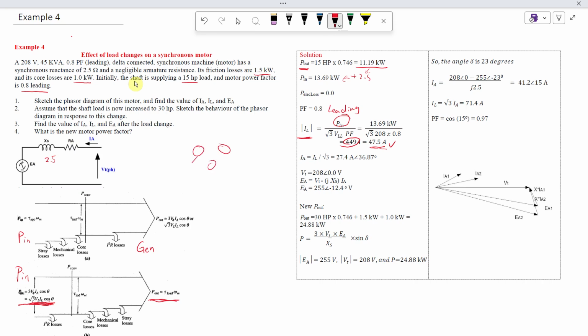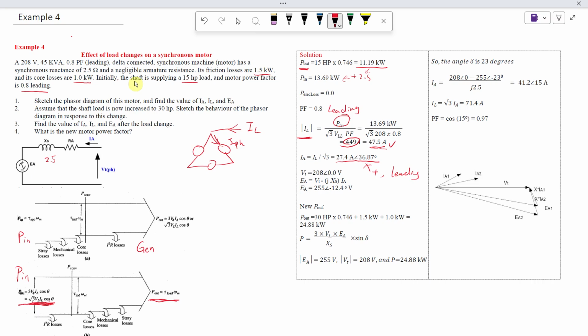This is the delta connection, so the current here is the line current. We need to find the phase current, which is divided by √3. Because this is leading, we get a positive sign; if it were lagging we would always get a negative. So that's the current.